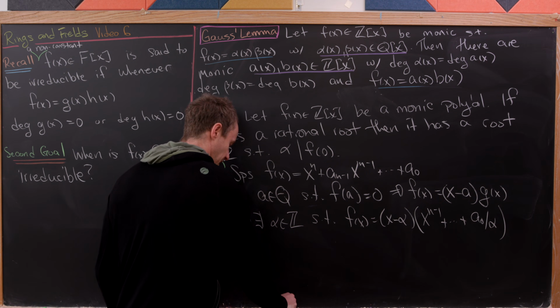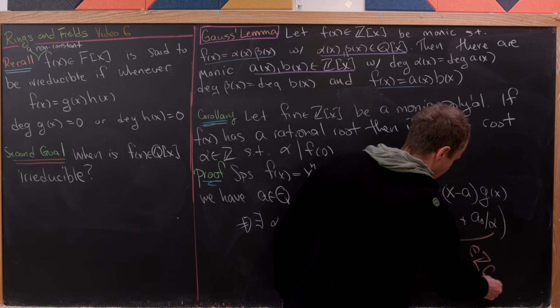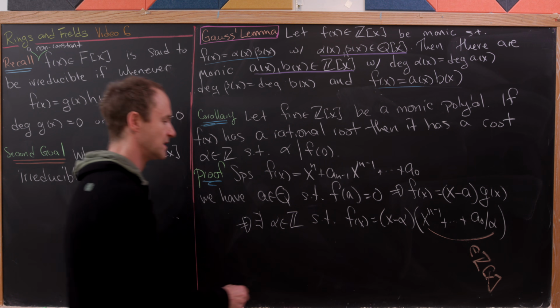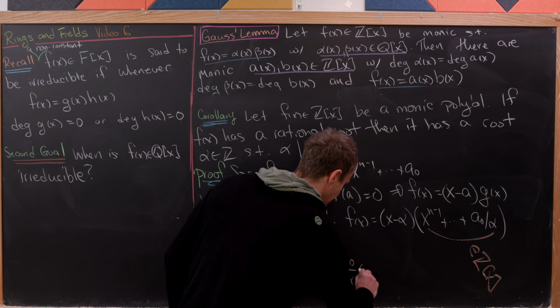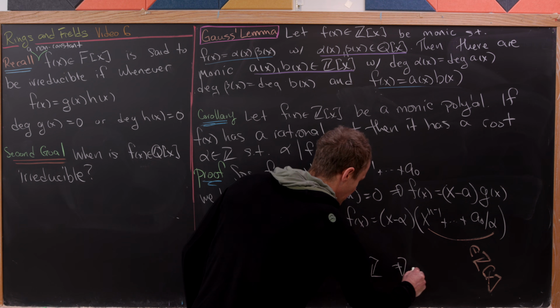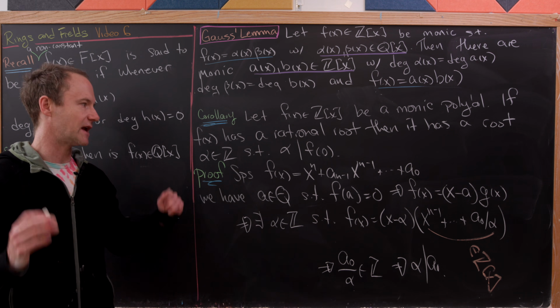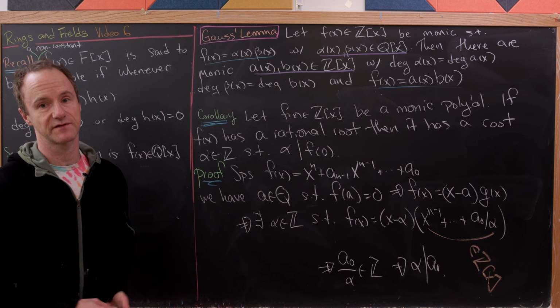Now the important thing, and the thing that we get out of Gauss's lemma, is the fact that this right here is a polynomial with integer coefficients. But that tells us immediately that a_0 over alpha is an integer. But that's equivalent to saying that alpha divides a_0. But a_0 is clearly equal to f evaluated at 0. So that finishes off this corollary.